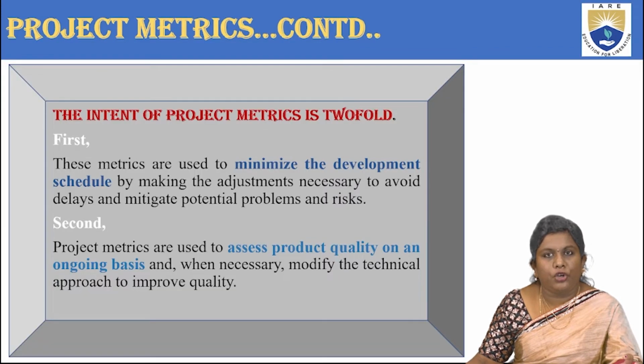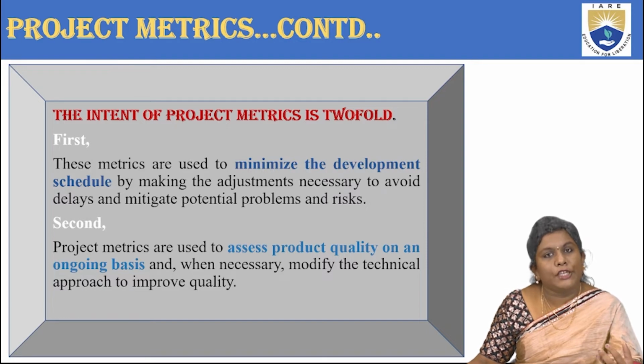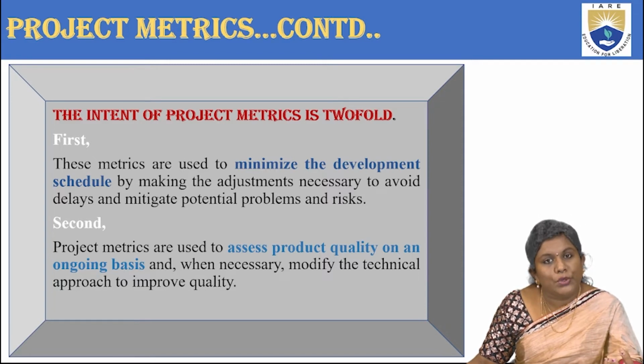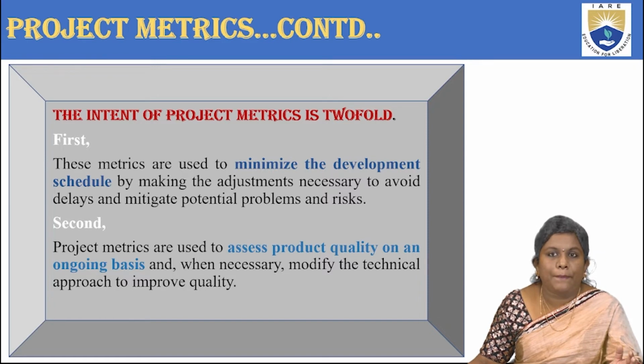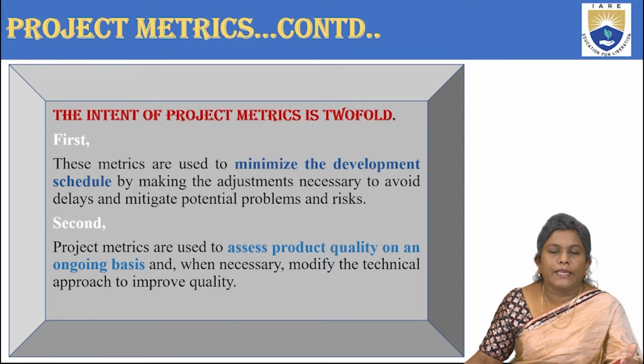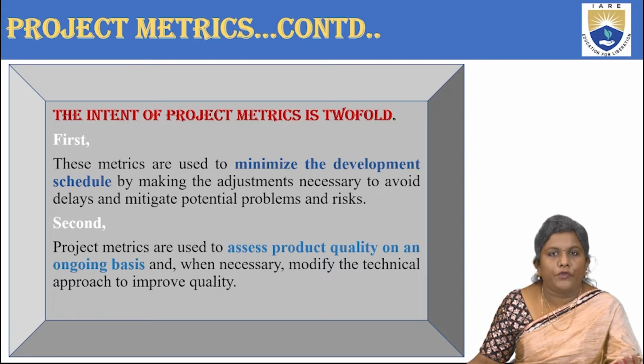And the main intention is twofold, that is, a two-part process, right? I repeat, project metrics is a twofold process. Initially, you first use these metrics to minimize the development schedule, adjust whatever things are needed, and focus on the risks that are occurring. Secondly, you have to assess the product metrics on an ongoing basis, like every time noting the things, using whatever is necessary, trying to modify and improve the quality of the product.